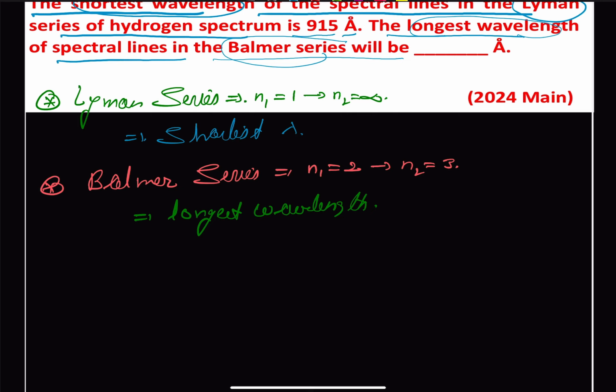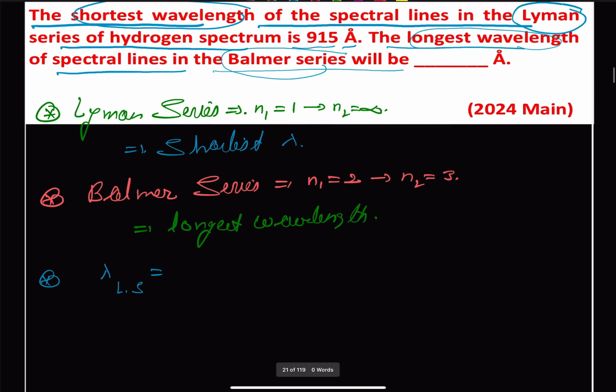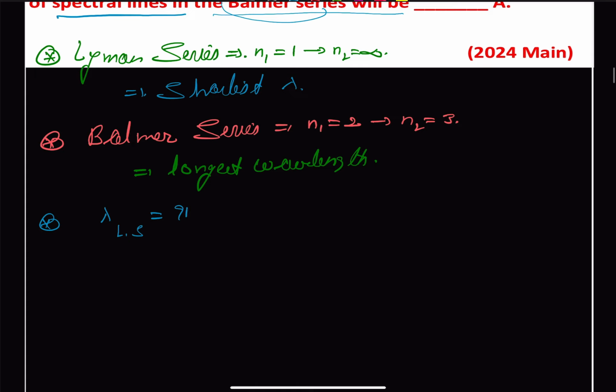Now we can use the Rydberg formula for both Lyman as well as Balmer to get the correct answer. So first of all, we start with our Lyman series, and we are given that the wavelength for our Lyman series, let us call this LS, is 915 angstrom.